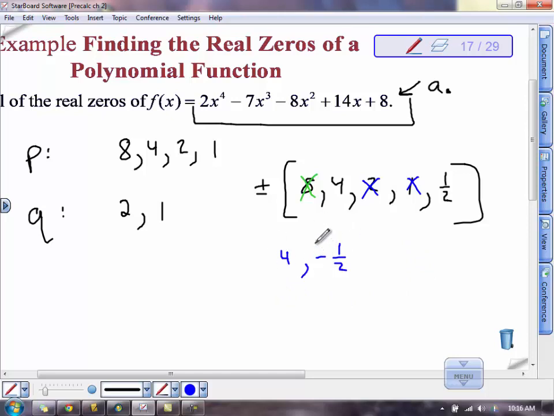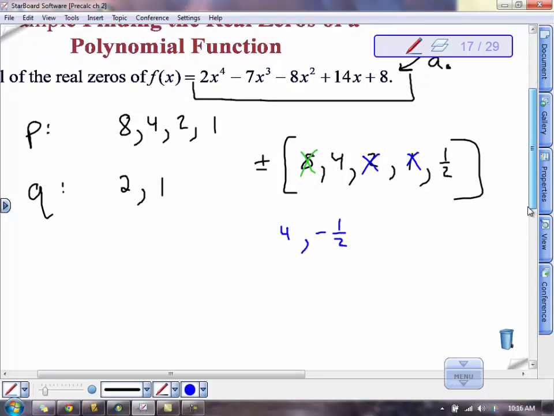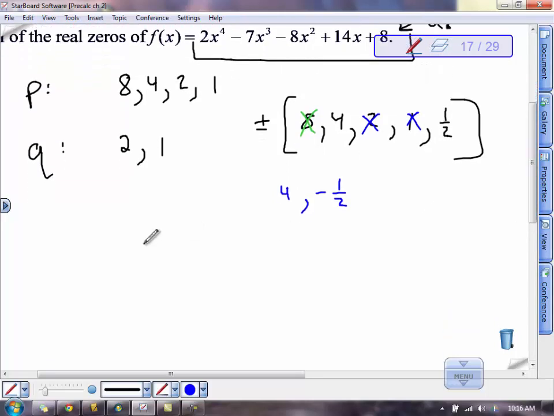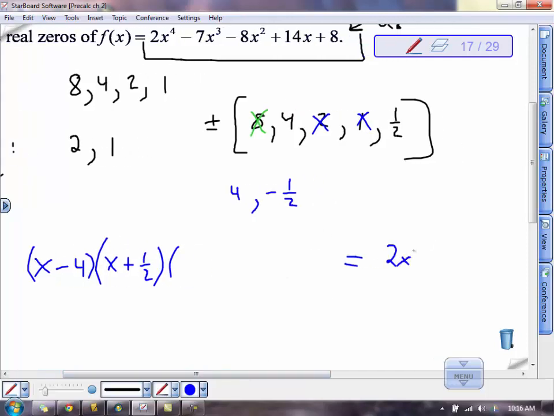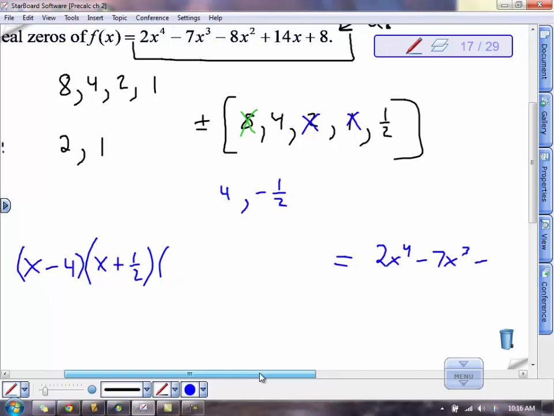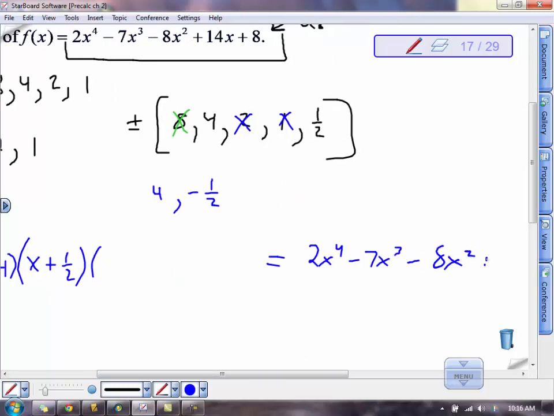But that's good if you don't have a calculator because we also know how to factor. We also know how to divide. So what's a factor of this polynomial then? X minus 4? And also what? X plus 1/2. Those are 2 factors of this original polynomial. And so what's left if I want to set this equal to the original 2x to the 4th minus 7x cubed minus 8x squared plus 14x plus 8?